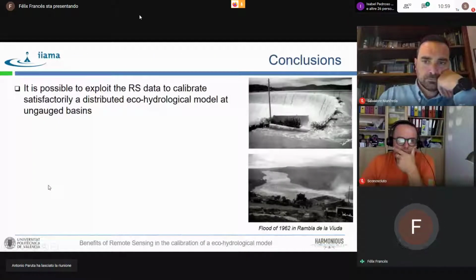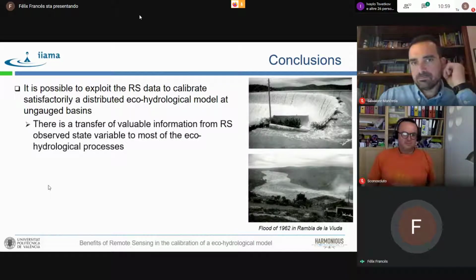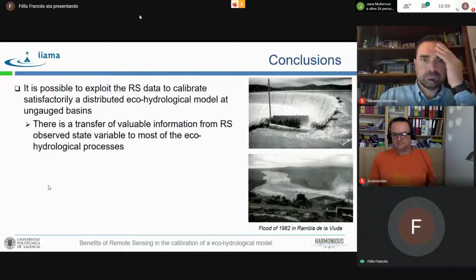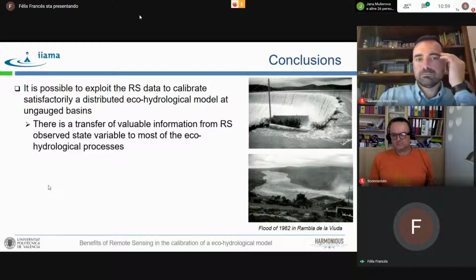So going to the conclusions, the first is that it's possible to exploit the remote sensing data to calibrate satisfactorily a distributed eco-hydrological model in ungauged basins, which is the configuration 4 situation, because there is a transfer of information from remote sensing observed state variables to most of the eco-hydrological processes.